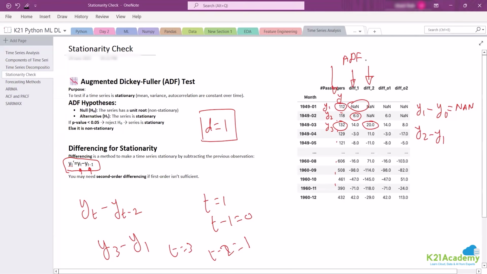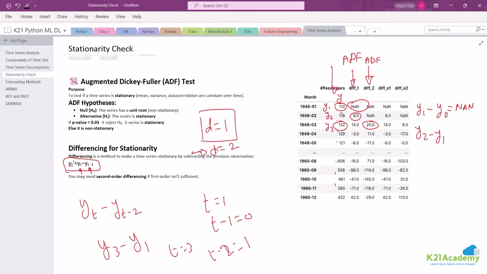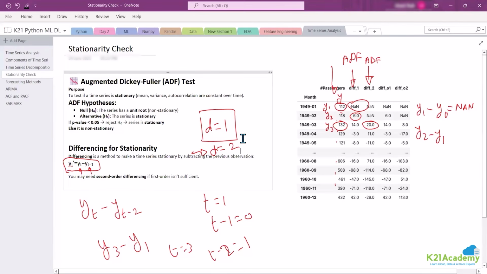After calculating this, we again apply the Augmented Dickey-Fuller test on this column. If it rejects the null hypothesis, then we can say that the value of d is equal to 2. This is the differencing value, and there is a significance to these differencing values, because we will be using this differencing value in our forecasting model.